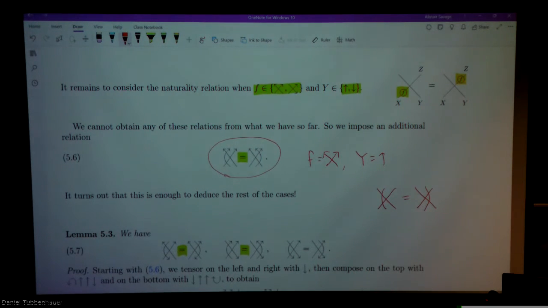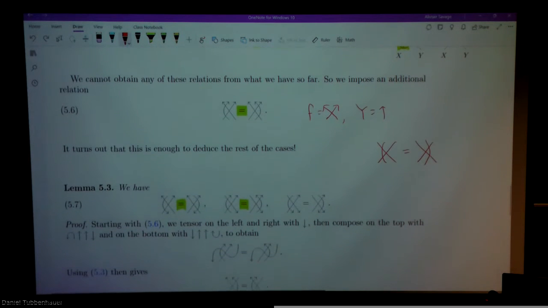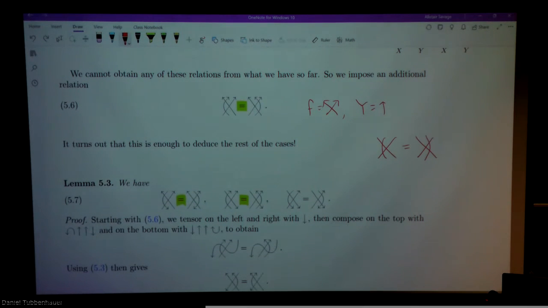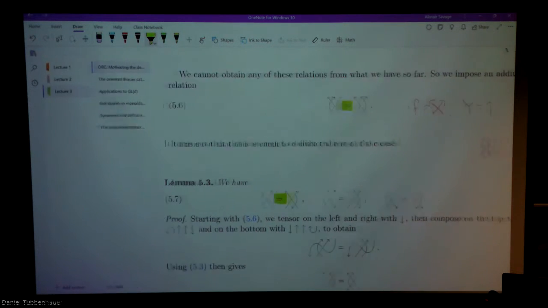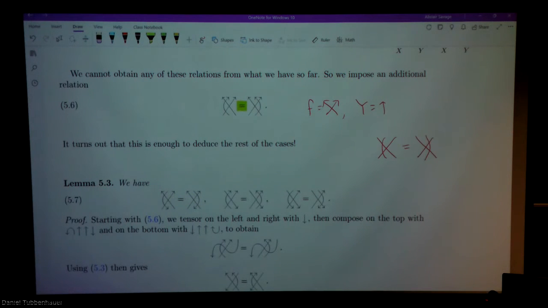That's the general idea. So let's see how this works in detail. Let's focus on this first one we want to prove. We start off with our upward oriented braid relation, the one that we imposed. Let me give myself lots of room here.